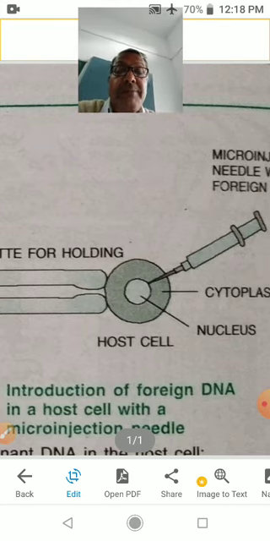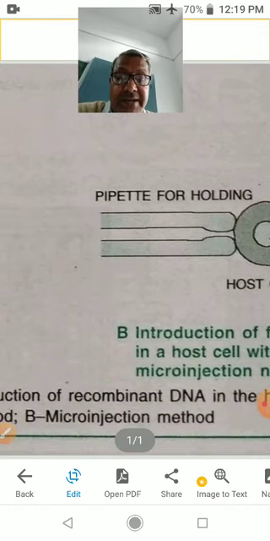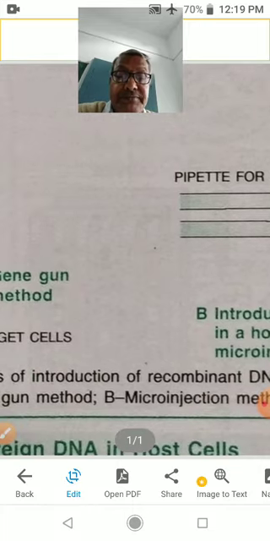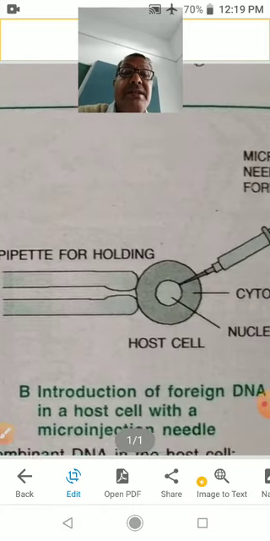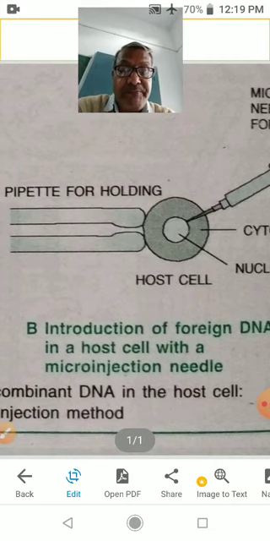So, with the help of the diagram, there are two methods as explained. First method is gene gun method, and second method is micro injection method.